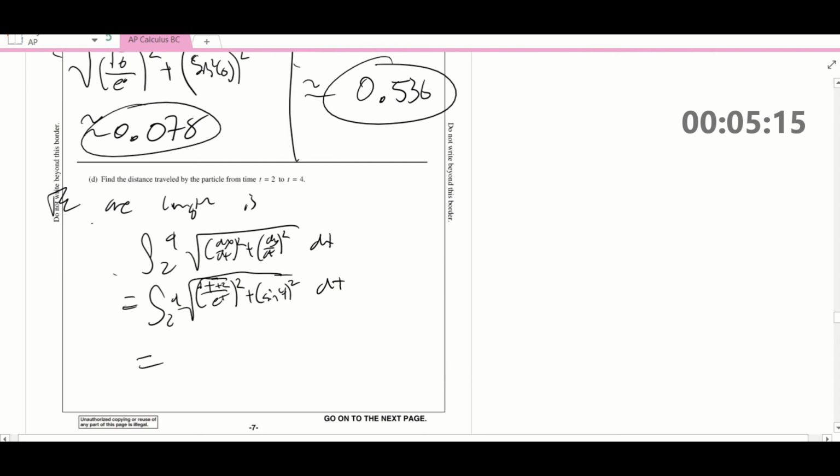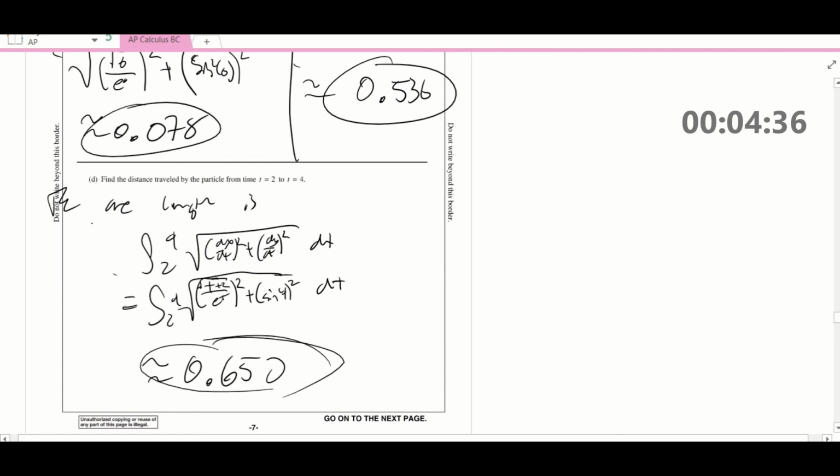The integral from 2 to 4 of the square root of the square root of x plus 2 divided by e to the power of x, squared, plus sine x to the power of 4 dx. And this is approximately equal to 0.65.